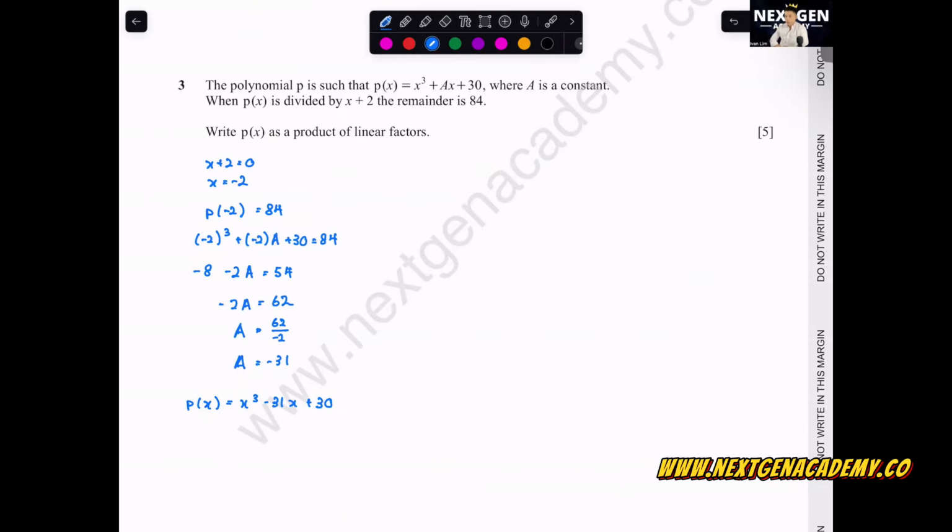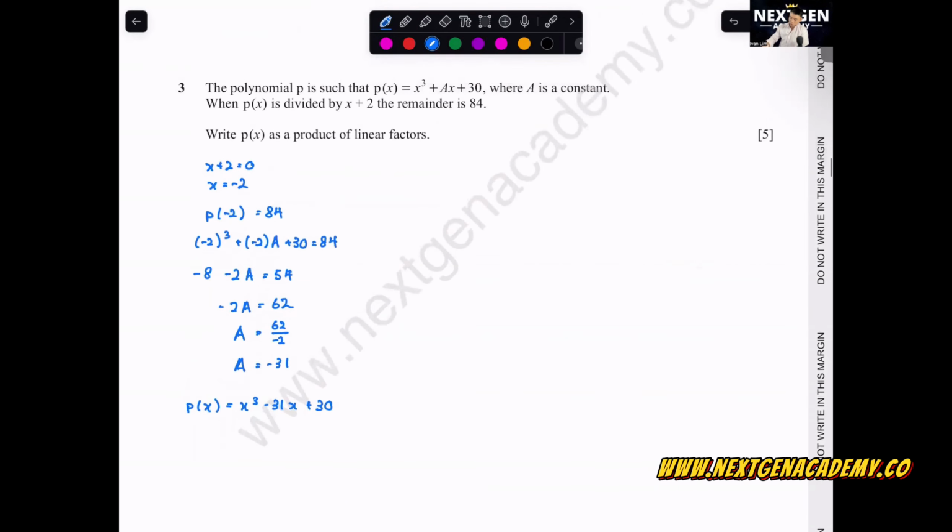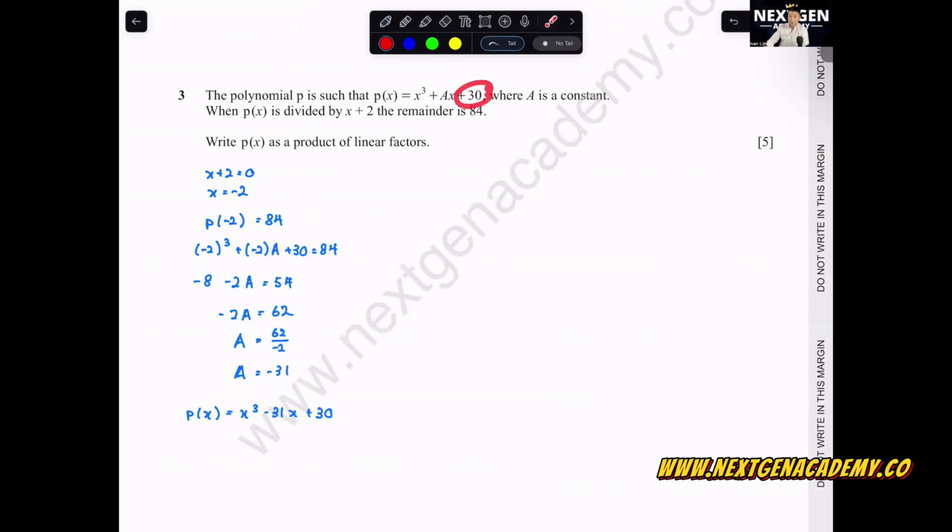What do we do from here? Okay, from this point, we have to find out what is the factor, because they didn't give us the factor. So how do we determine what is a possible factor? We need one factor, at least one factor. So you're going to look at the last value, the d value.